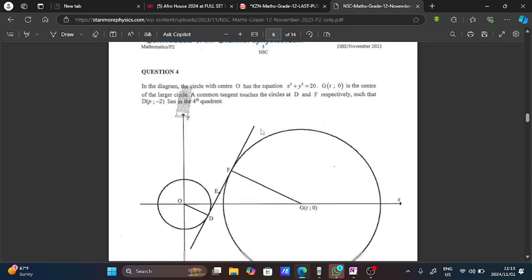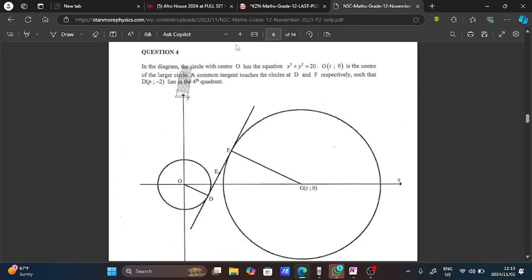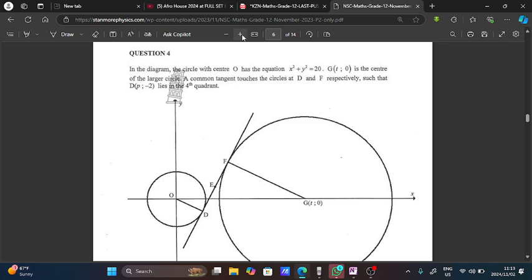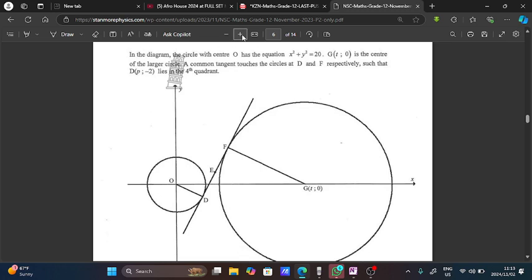Okay, let's go through the diagram. Like I say, in the diagram, the circle with center O has equation x squared plus y squared equals to 20.